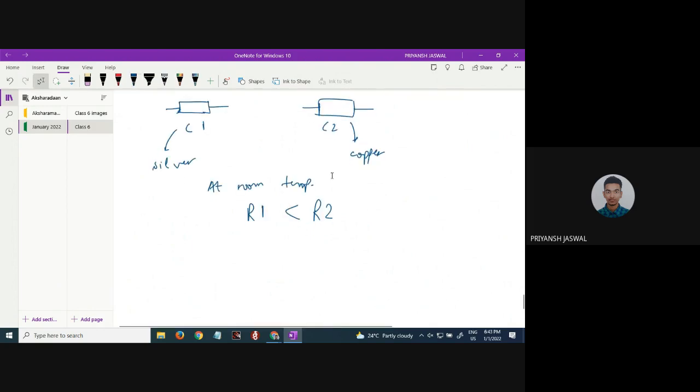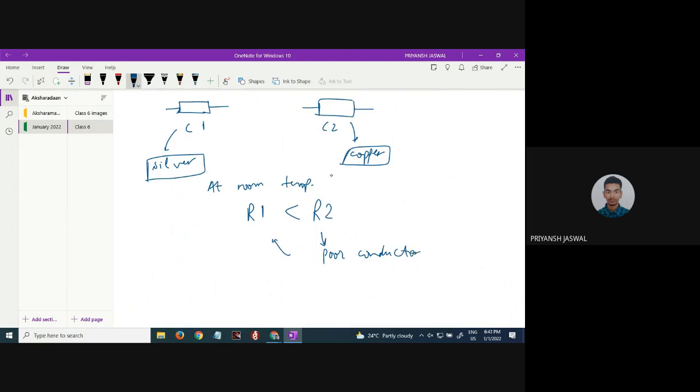If this is the case, and which is usually the case because silver has less resistance for the same amount as compared to the copper, the same amount of the material. So R1 is less than R2. This implies that the second conductor is a poor conductor. Not in general, but as compared to the first one.